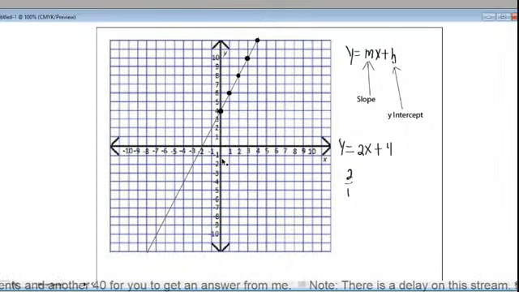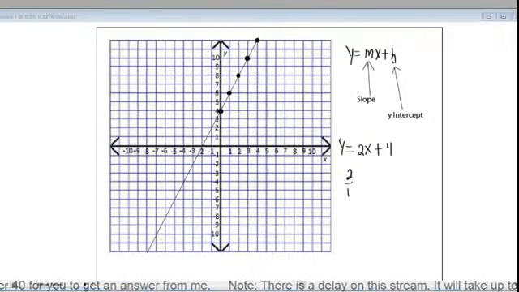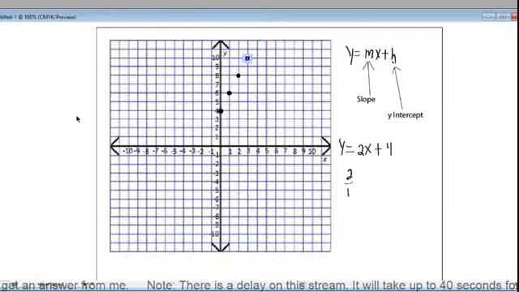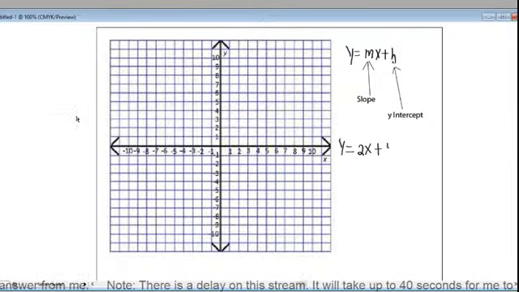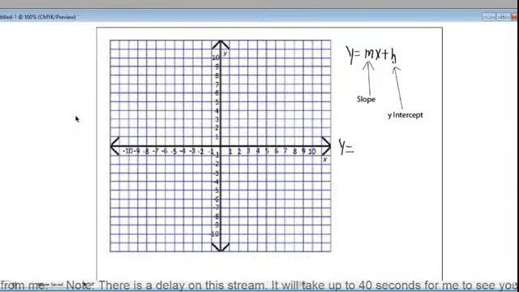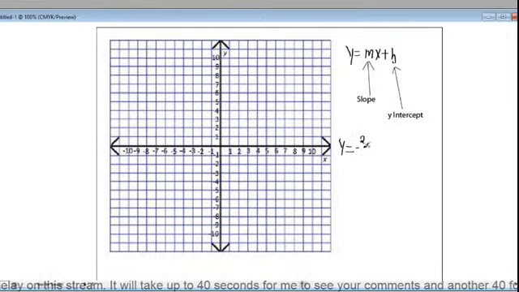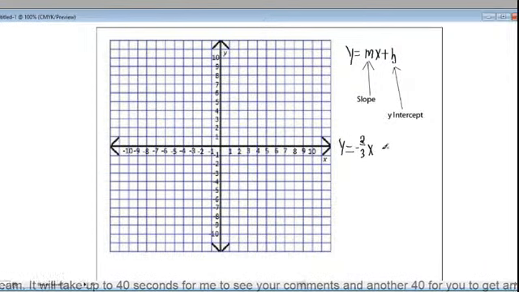Okay. Let me try another one here for us. So I'll just back this up. How about y equals negative 2/3 x plus 8.